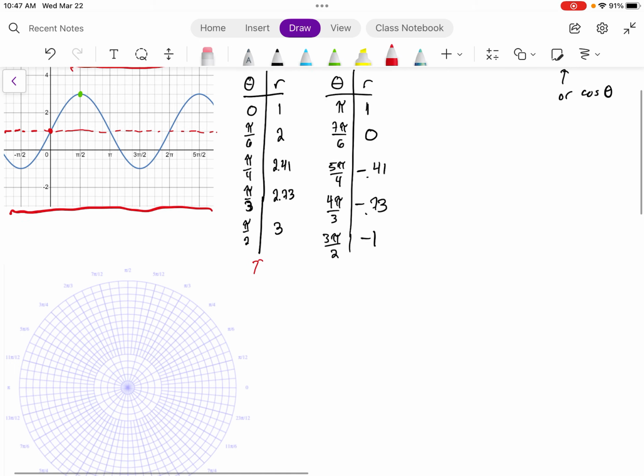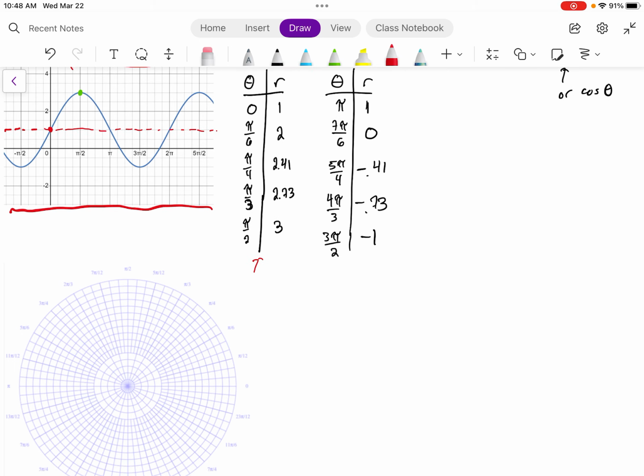When theta is 0, along this axis, we'll say this guy out here is 1. So there's my (0, 1). And when theta is pi over 2, up here we're out at 3. So maybe if this is 1, this is 2 and this is 3 out here.